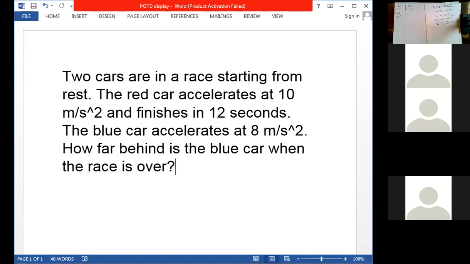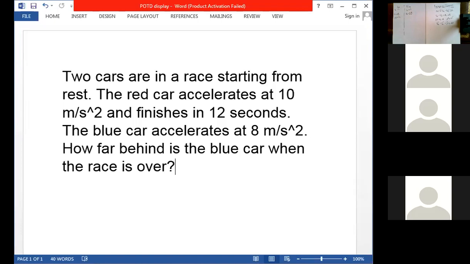The blue car, we know it starts at rest as well. What givens do we have for the blue car? The acceleration, which is 8 meters per second squared for the blue car. And it doesn't say, but let's see what else. We do know something else, right?